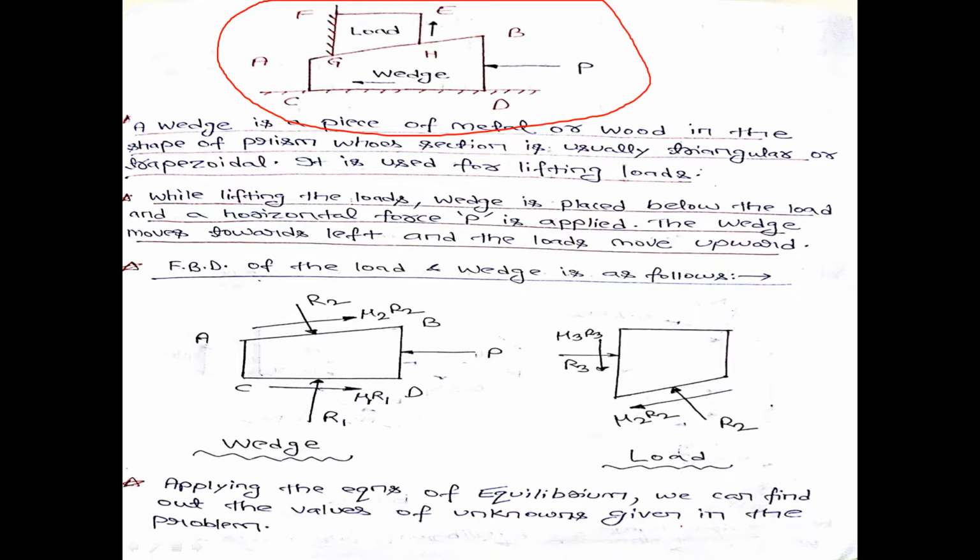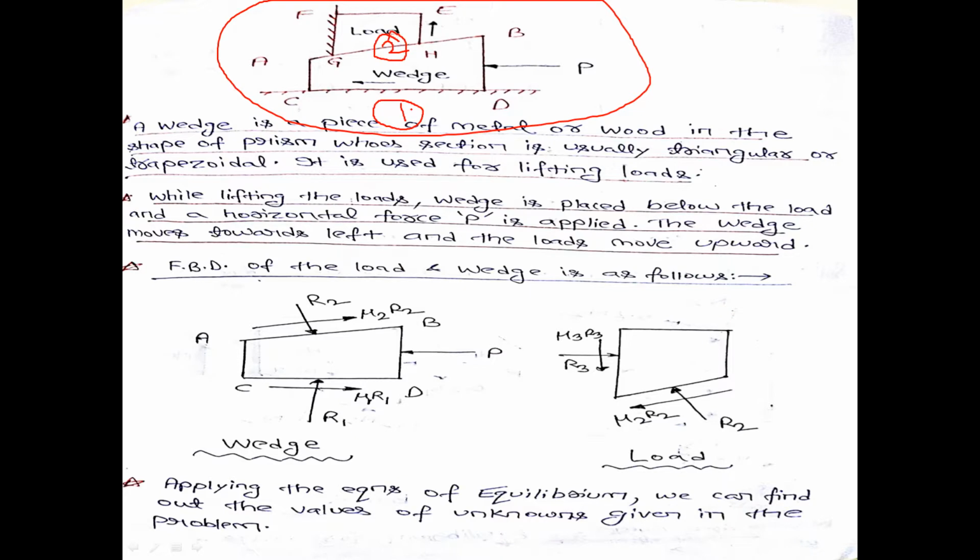Okay, so you can see the leftmost figure is the FBD of the wedge, and the rightmost figure is the FBD of the load. Assume that the wedge is in contact with the horizontal surface CD, and that contacting surface is point number 1. The contacting surface between load and wedge is point number 2.